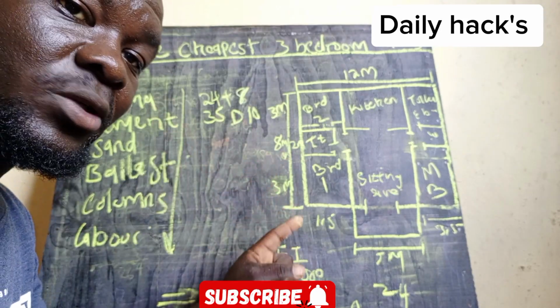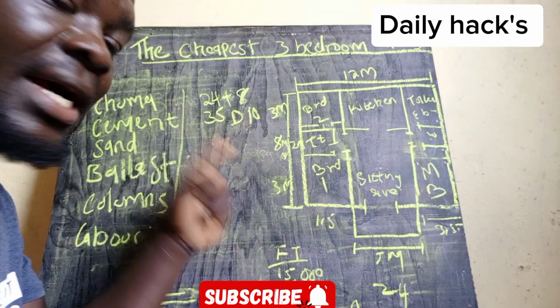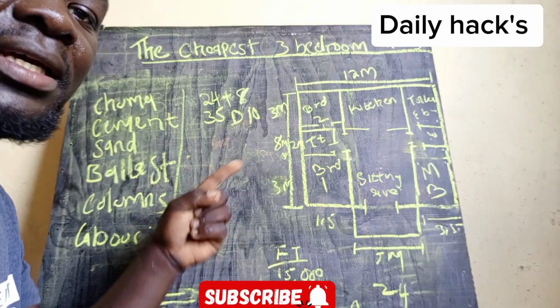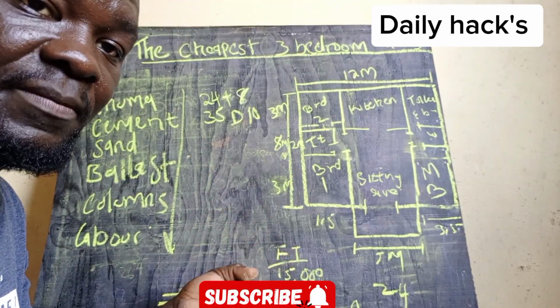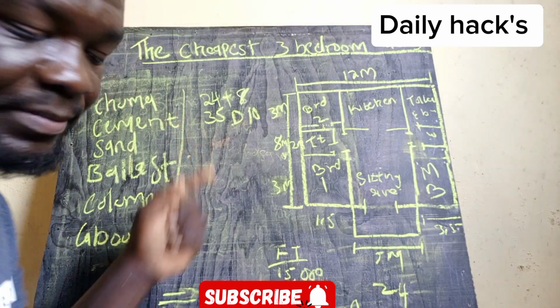But if it's a mansion, you will use D12 for the footing. But because it's a bungalow, you will use D10. Even D8 in some areas is advisable. But we are doing an average, so you will use D10.